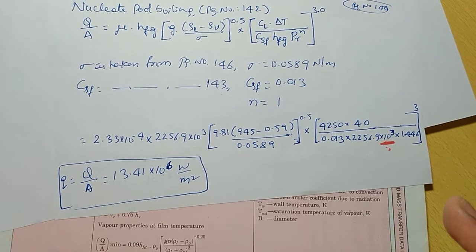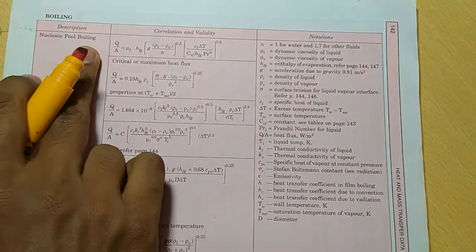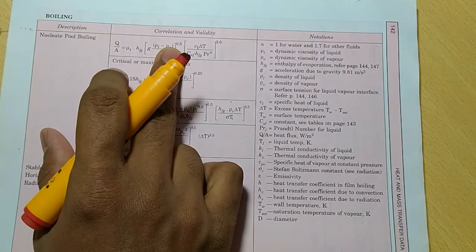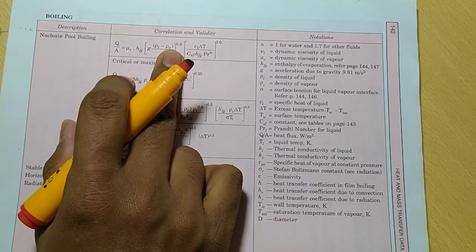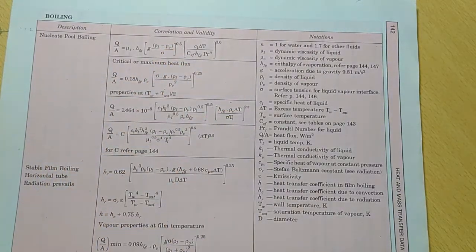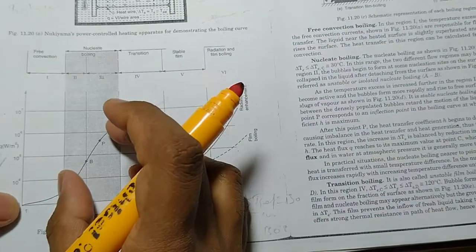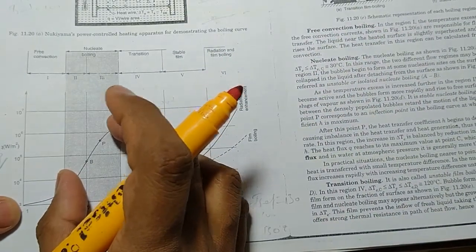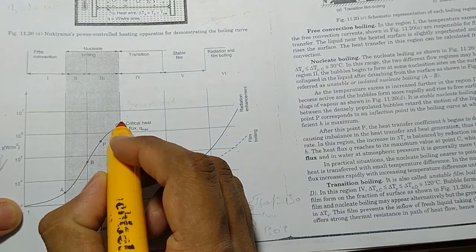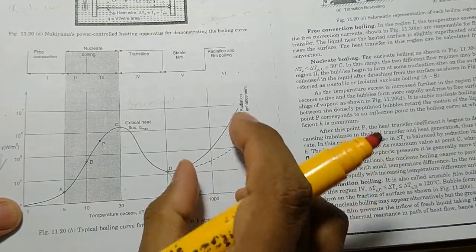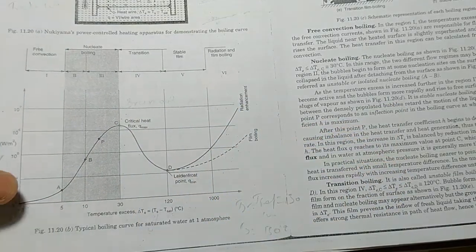Now we have solved the problem in the nucleate pool boiling condition, in this zone. In the same way, you can calculate the maximum heat flux and the stable film condition also.